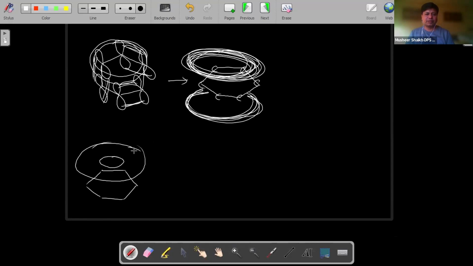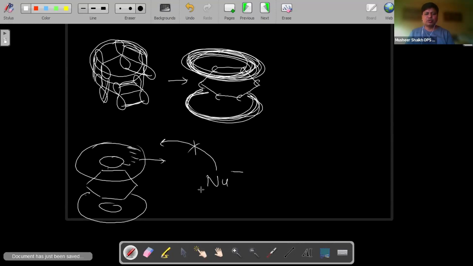This donut-shaped electron cloud is one above the benzene and one below the benzene. So what will the nucleophile face now? If the nucleophile has to come, this negative cloud will repel it. The nucleophile cannot come onto the benzene from either side. So nucleophilic reactions are prohibited on benzene.